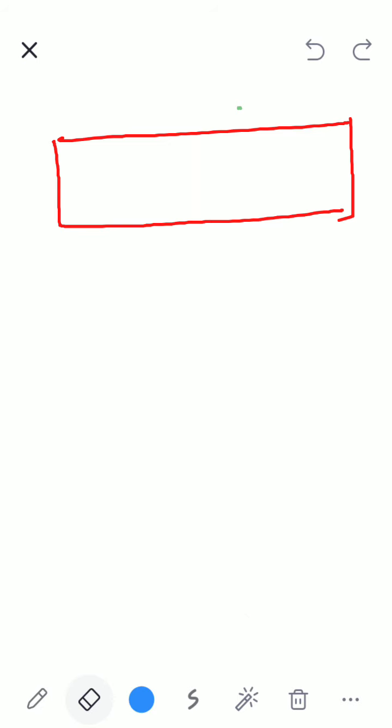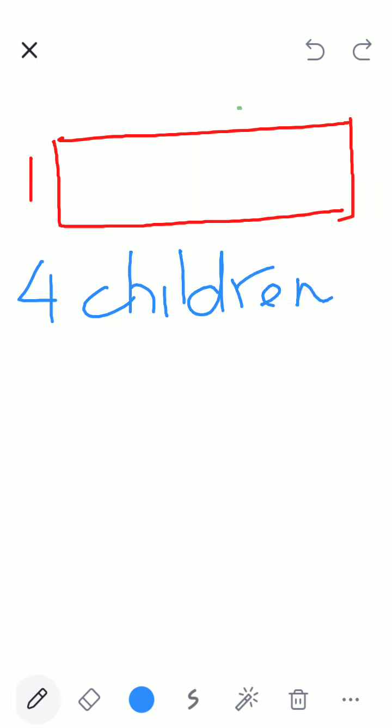So I have one chocolate and I have to divide it with four children.